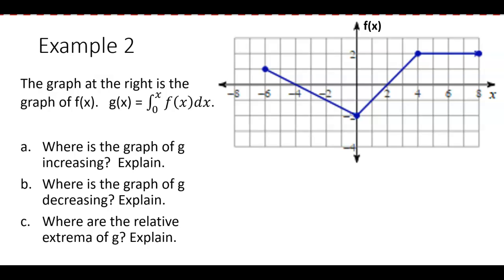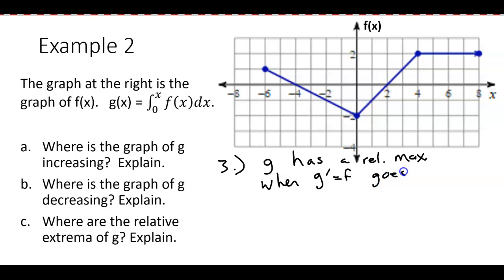Okay, so let's review. Let's say number 3. G has a relative max when g prime, which is f, goes from positive to negative. And where does that happen?